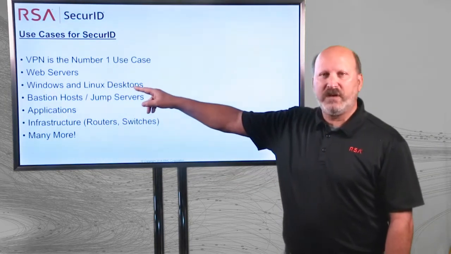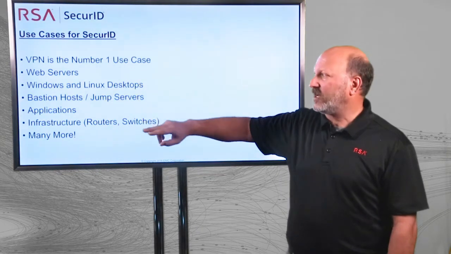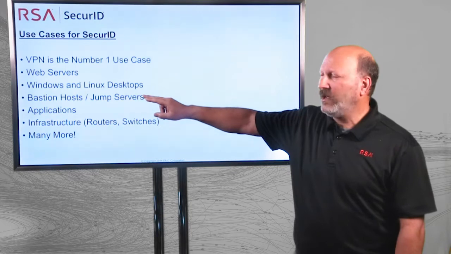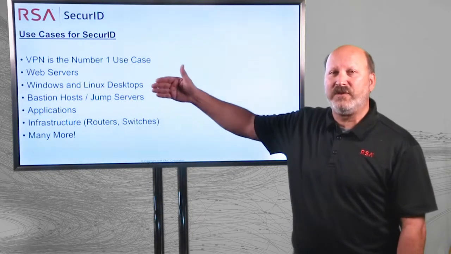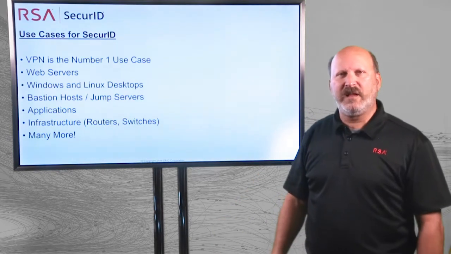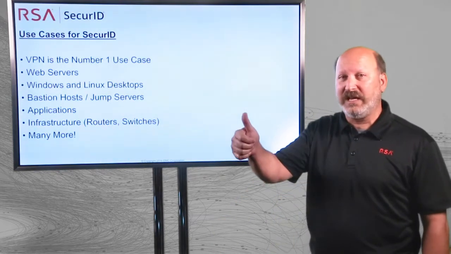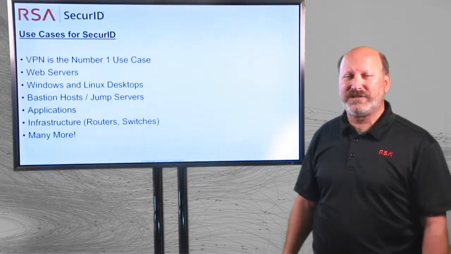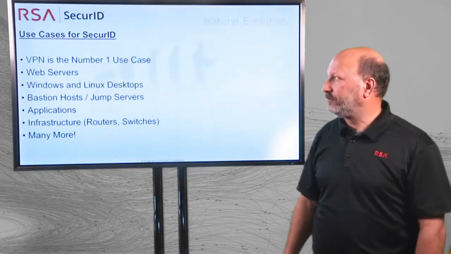We're talking about Windows and Linux boxes, your bastion hosts, your jump servers, anywhere that I'm going to provide access to other network infrastructure. Of course, the infrastructure itself. Don't forget that a bad guy is going to compromise a user ID, but also wants to build a back door. So I'm going to look at my infrastructure as well. It's probably already built in.